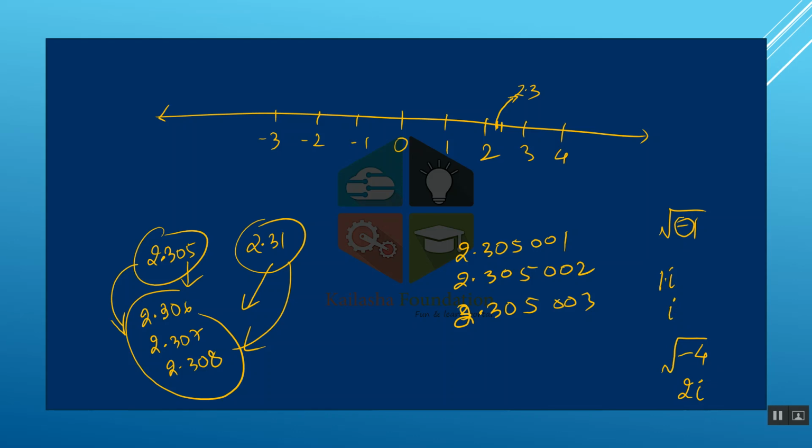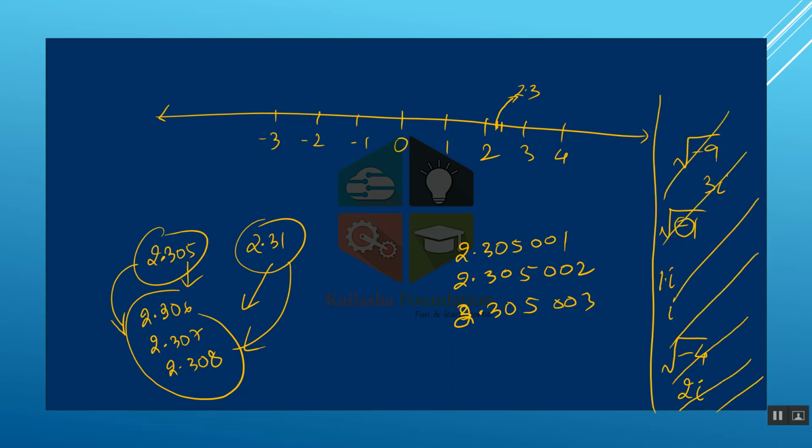It is a Greek alphabet, but it resembles our English alphabet i, so for the sake of simplicity, we call it i. And root of minus 9 will be 3i, and so on. These are not in your syllabus, but I just told you to give you an idea what actually imaginary is. Something which is not real is imaginary.